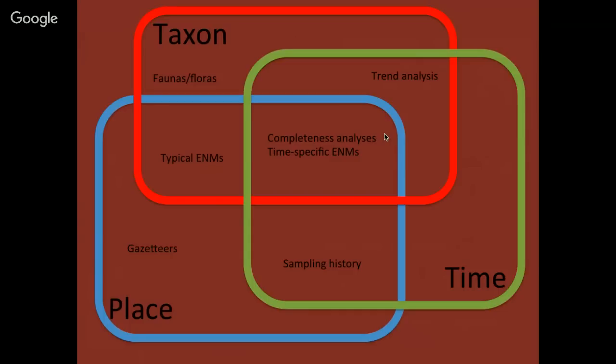So what I'm aiming to show you is that we depend on all 3 of these dimensions, depending on the use of the biodiversity data. For this talk, I'm going to focus on all 3 of these dimensions. And so I'm going to stay in this 3-way intersection.